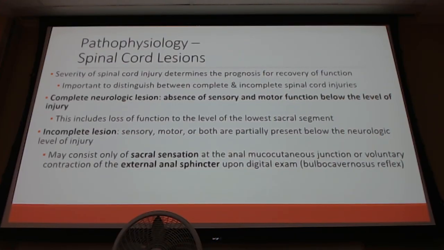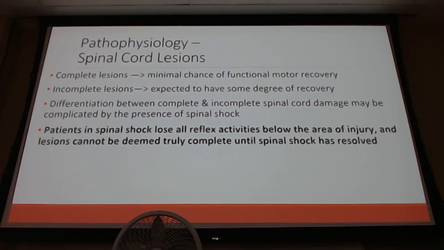So we classify these whether we think they're a complete lesion versus incomplete, and this helps guide our prognosis for these patients and what we think their functional recovery is going to be. Complete is absence of sensory and motor function below whatever level the injury is, and incomplete, they retain some sensory or motor function below that, or both.